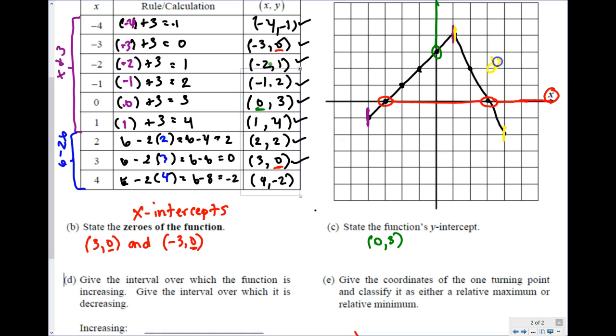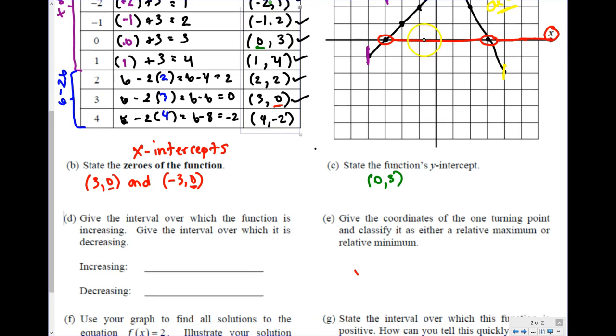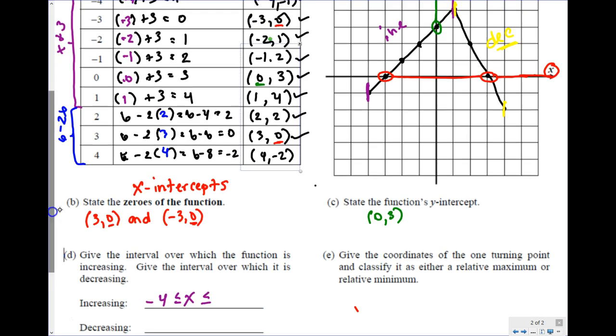So this is the decreasing interval, and the purple one is the increasing interval. So the purple one starts at negative 4. And it ends at, we're looking at x values now, here, which has an x value of 1.